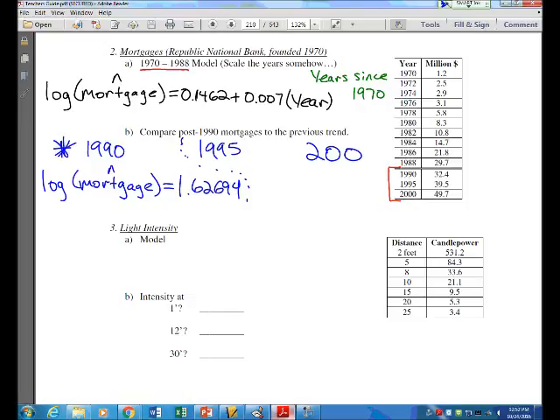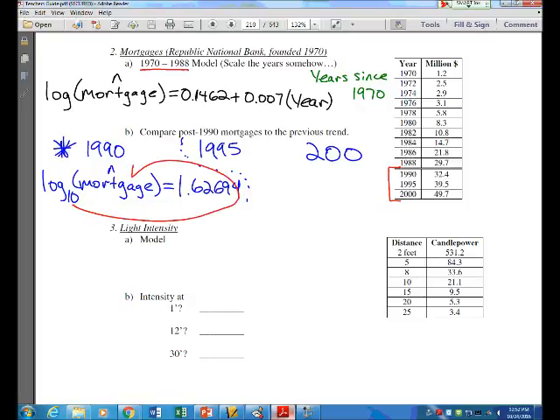So if this is base 10 and you want to switch it to exponential, you go 10 to that power makes the mortgage. So I'm actually going to do in my calculator 10 to the power of 1.62694. And that will give me my prediction value.